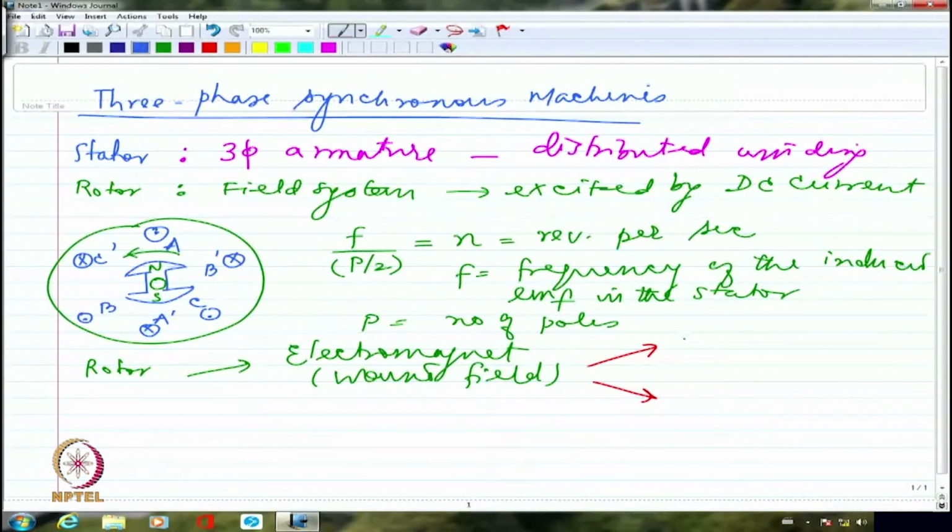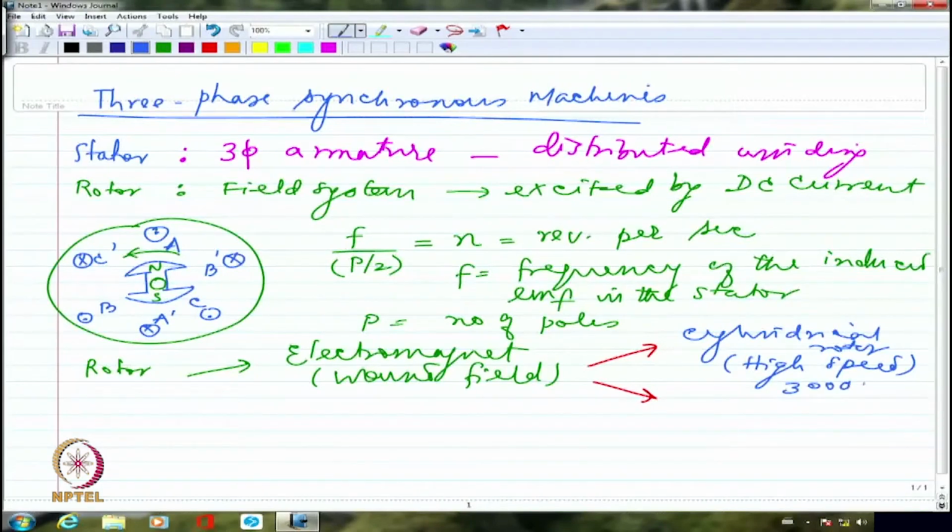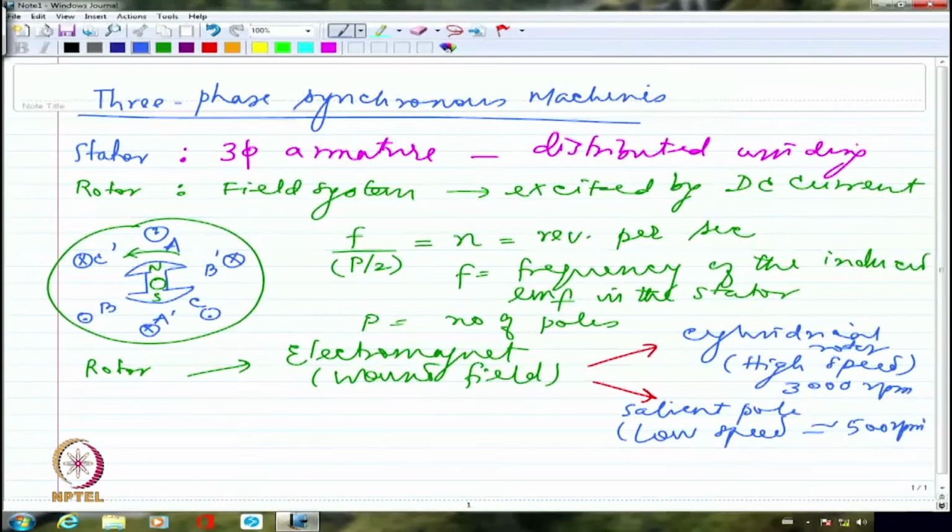This is generally used in high speed alternators or high speed machines, about 3000 RPM, whereas the salient pole system is used only in low speed, maybe close to 500 RPM.